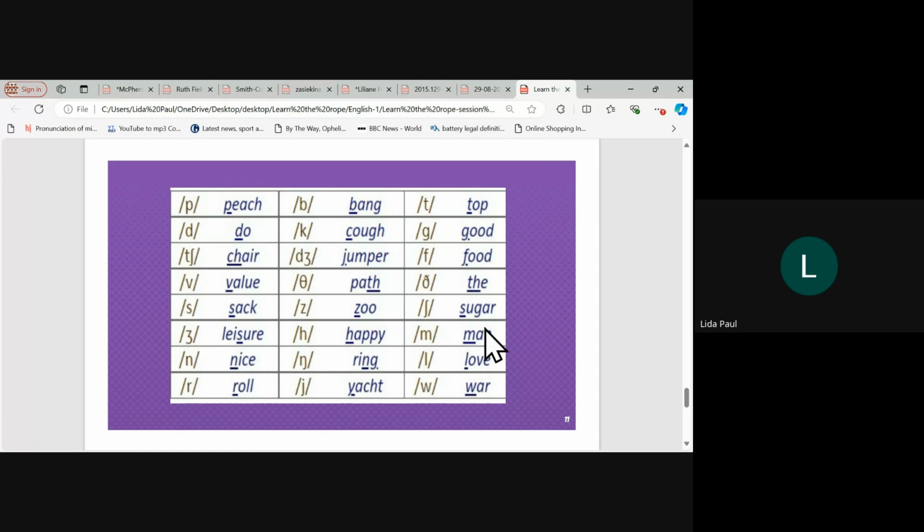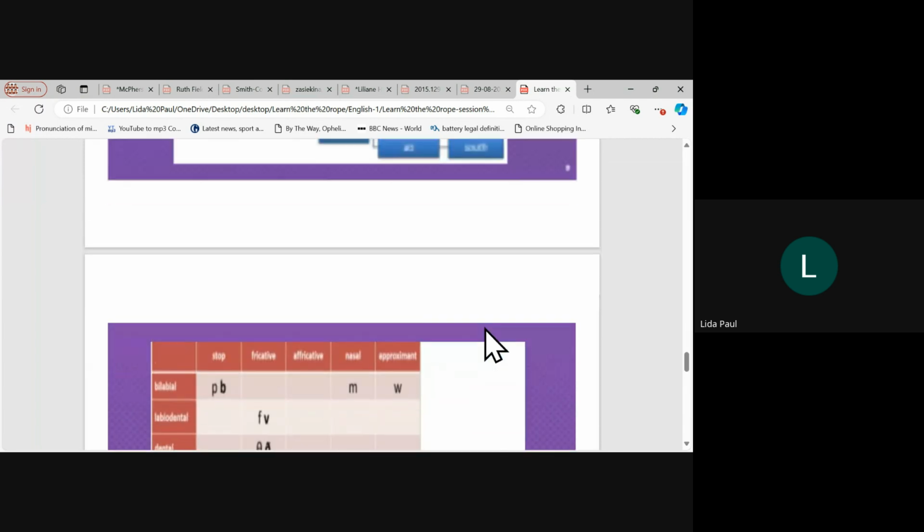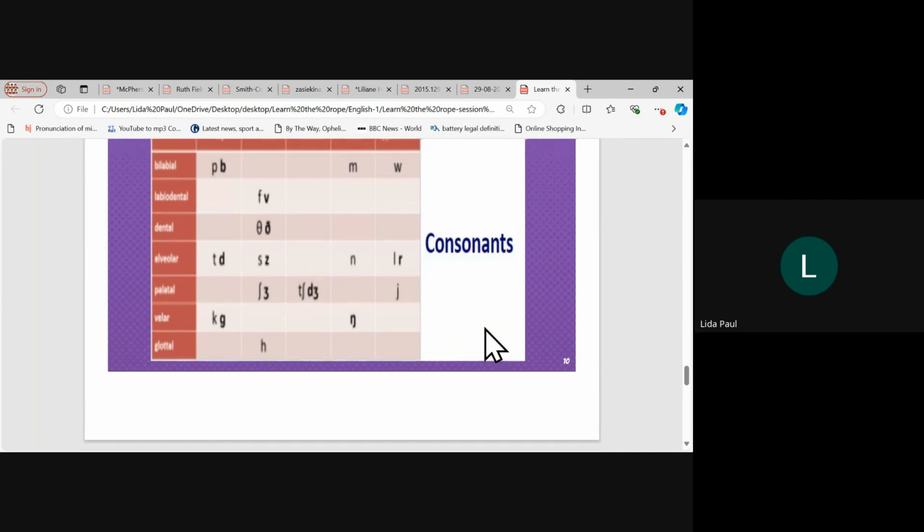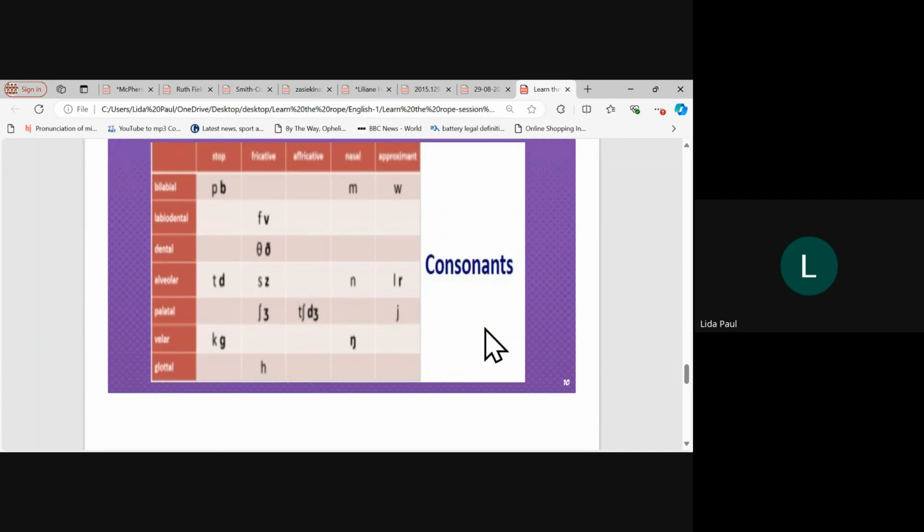It's not the same as the other one, right? How is it different? We'll look at the chart again. See. So one is a fricative sound, whereas j is an affricative sound. They're both palatal for sure, but j is an affricative and the other is a fricative sound, right?